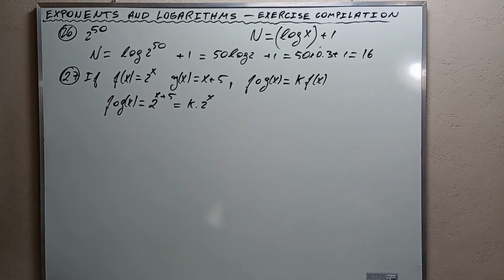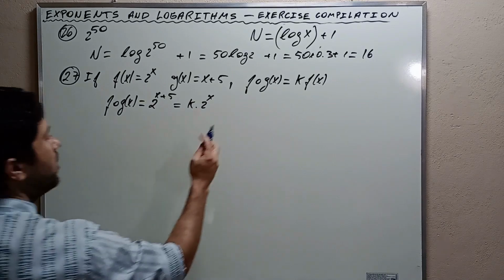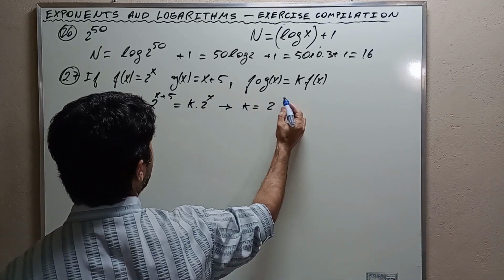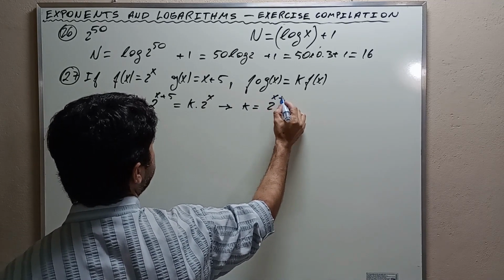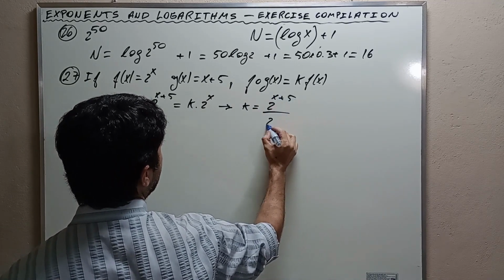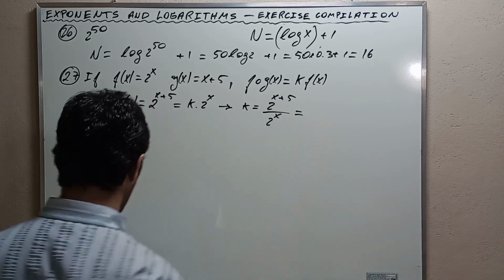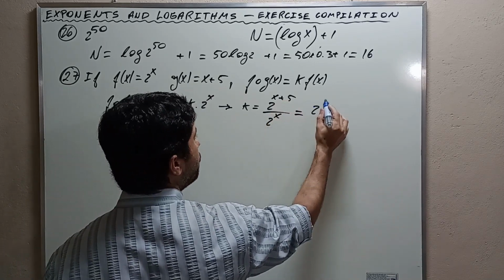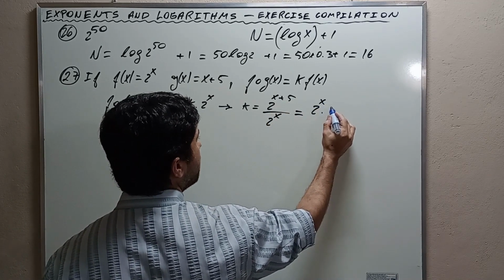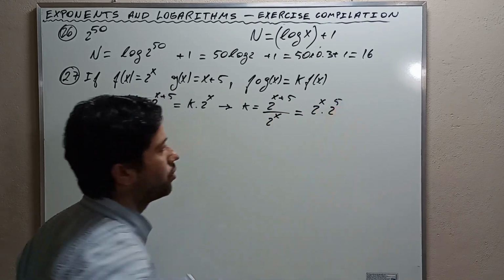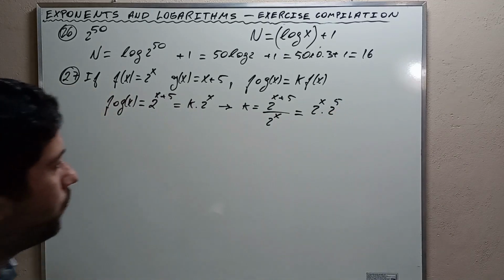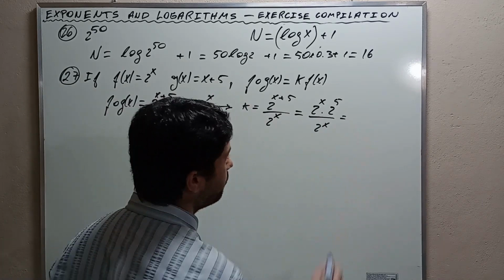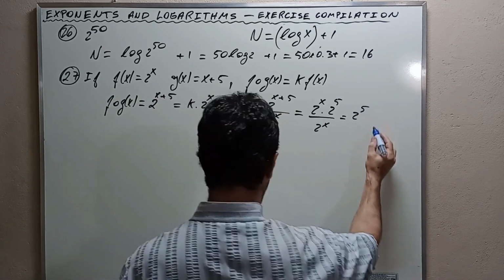And in this way, dividing, we find that k is equal to 2 raised to the power of x plus 5 divided by 2 to the x. And this is equal to, separating here, 2 to the x times 2 to the 5th power divided by 2 to the x, which is simply 2 to the 5th.